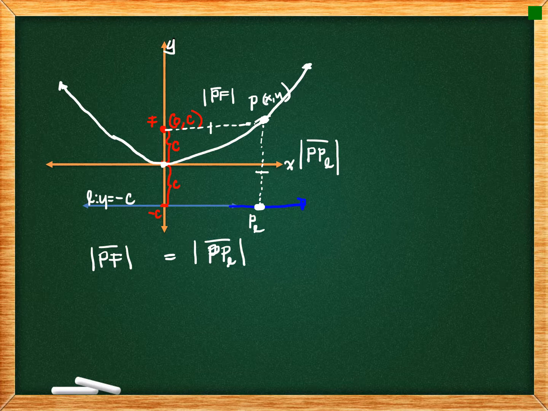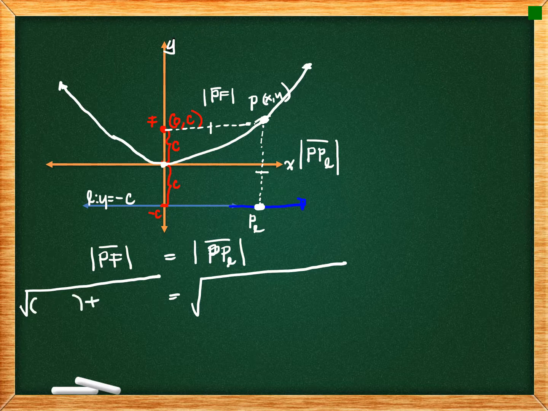Alright? So, if this is so, we can solve for the distances of both segments using the distance formula. The distance formula is the square root of the sum of the squares of the differences of the x coordinates and the y coordinates of the segments.